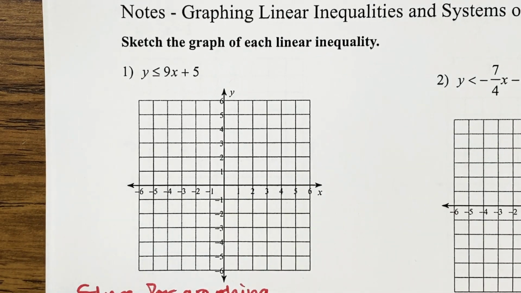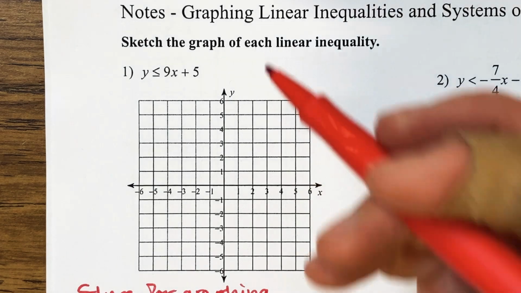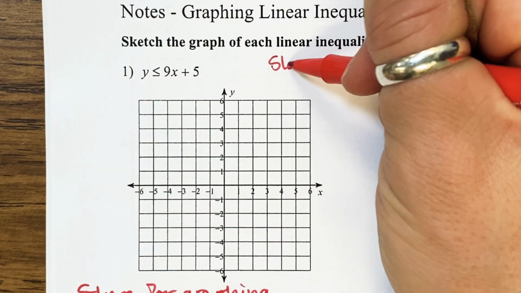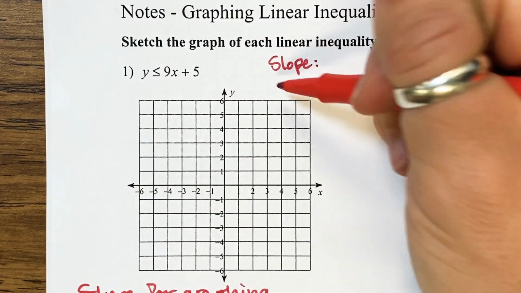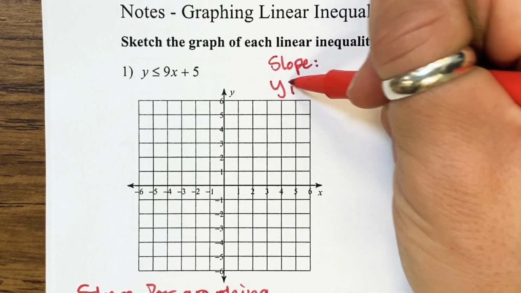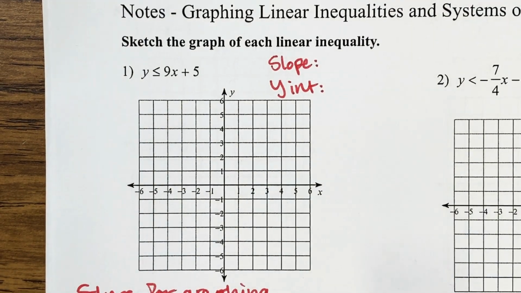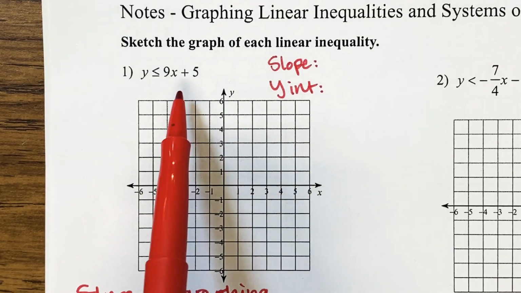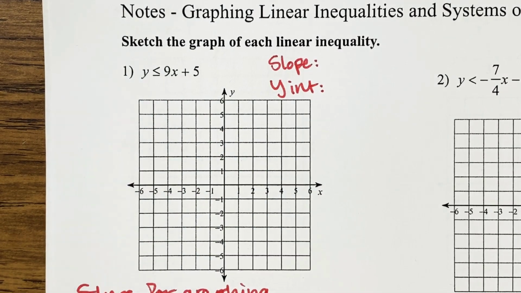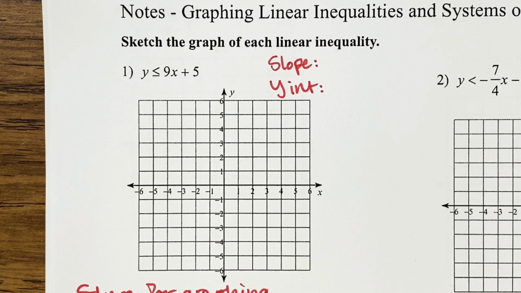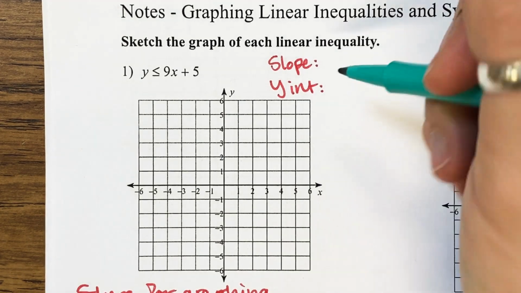Okay, so we're gonna start it the exact same way. We want to identify, because these are all in slope-intercept form, we want to identify our slope and our y-intercept. Okay, so remember our slope is the number that is right in front of our x. So what number is right in front of our x here? Find the x. What's the number that's right in front of it?